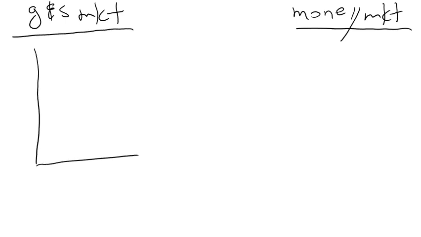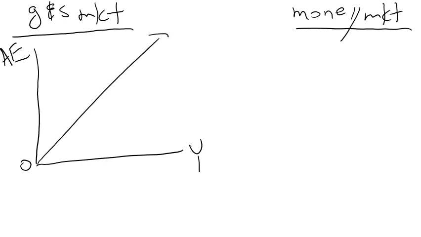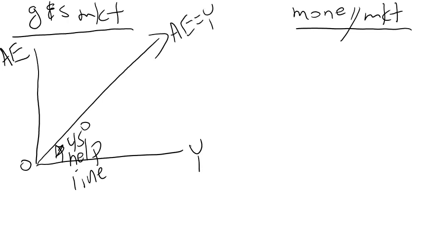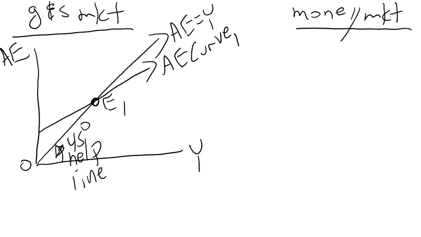Okay, so aggregate expenditures, GDP, 45-degree helpline. Aggregate expenditures are equal to Y. The AE curve, like that. First equilibrium.